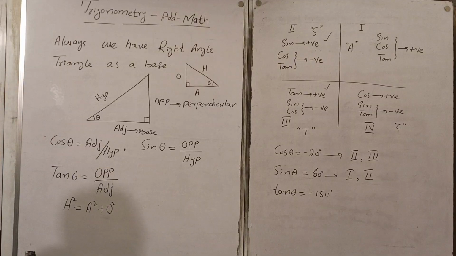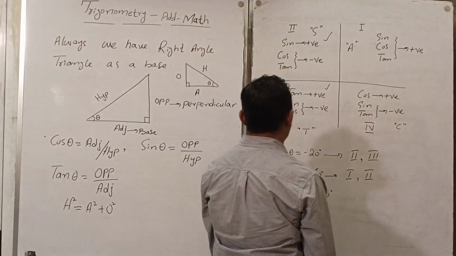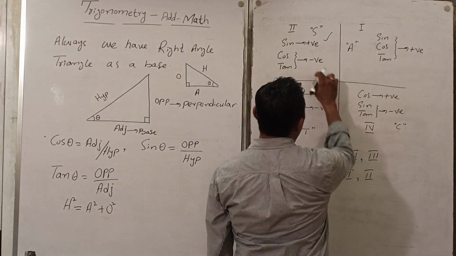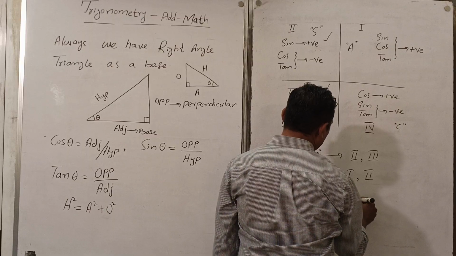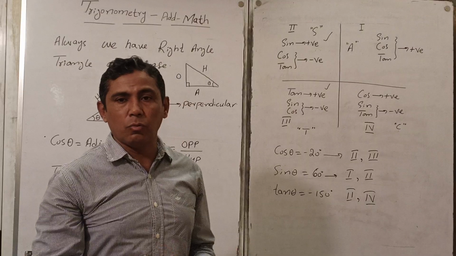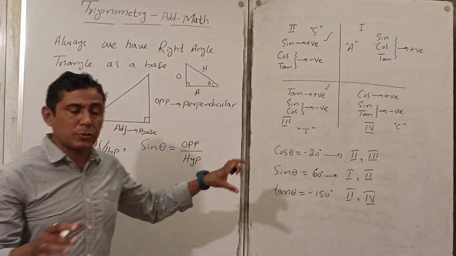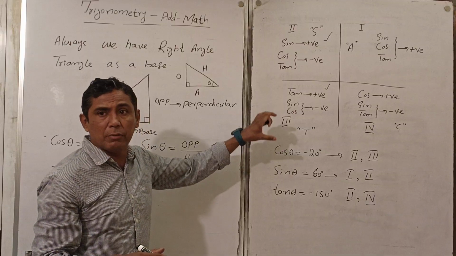In second and fourth. Second and fourth. You got my point? Yes. That is what I am going to explain. So that's why you have to be clear about where these values will be positive and negative.